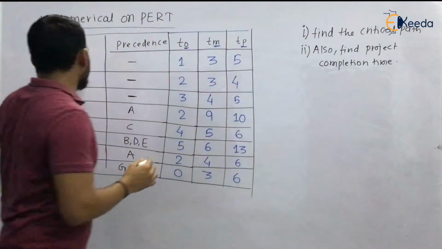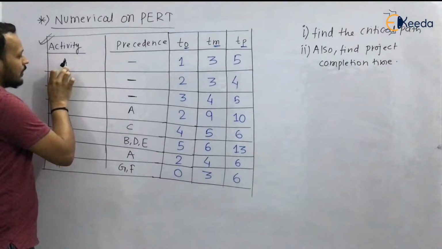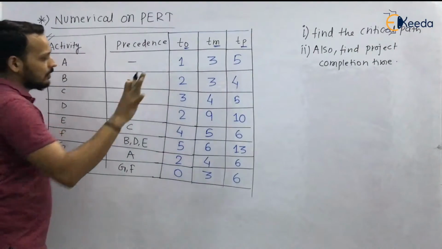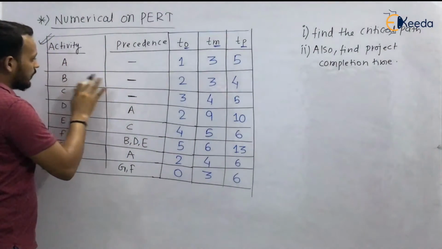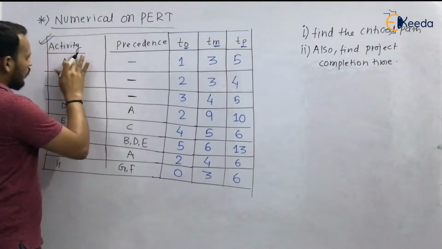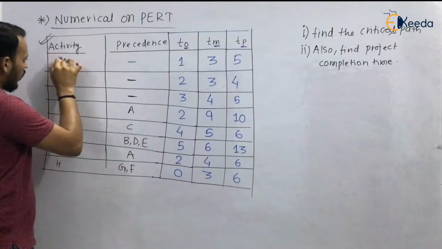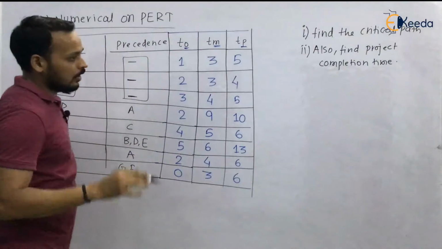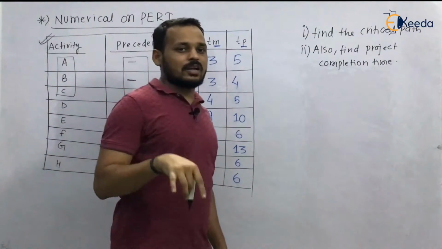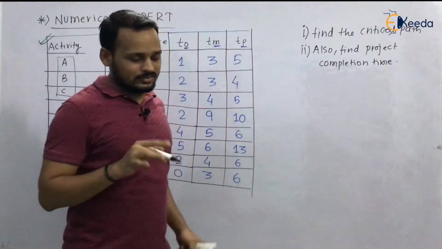First is activity A, and the precedence is absent. There is no precedence for activity A, for activity B, and for activity C. For all these three activities there is no precedence relationship. It means that all these three activities can be started simultaneously.